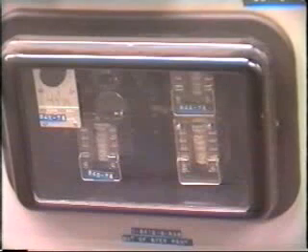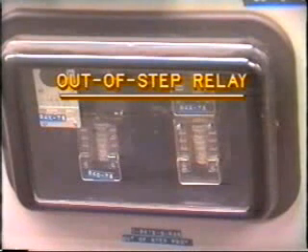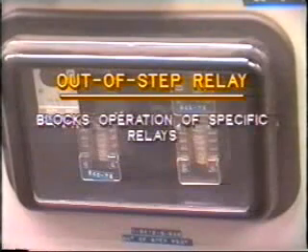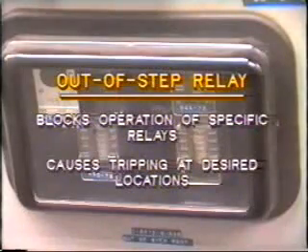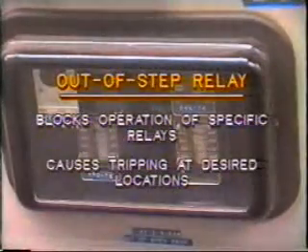In order to achieve this selection, we need to apply out-of-step relays. The out-of-step relay detects the out-of-step condition, and it can then be used to either 1, block the operation of specific relays, or 2, cause tripping at the desired locations.